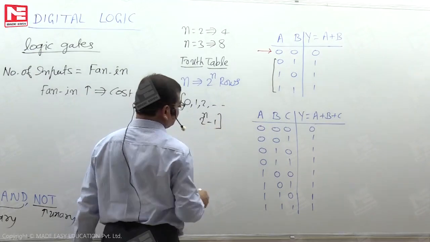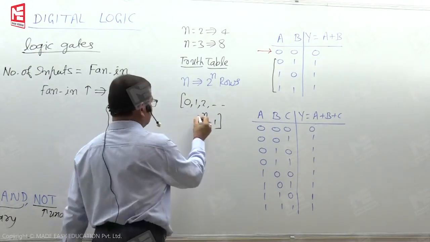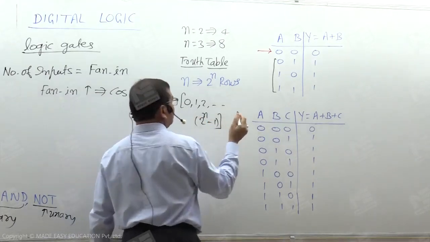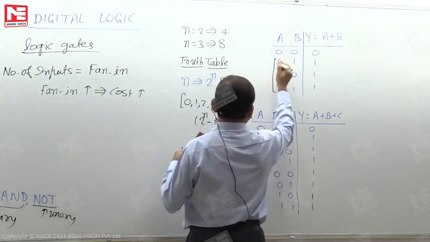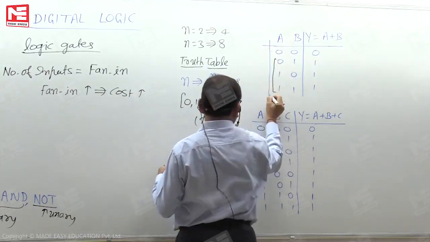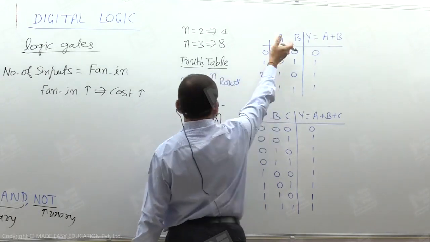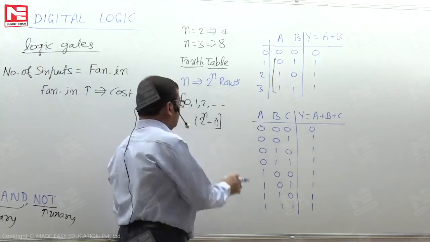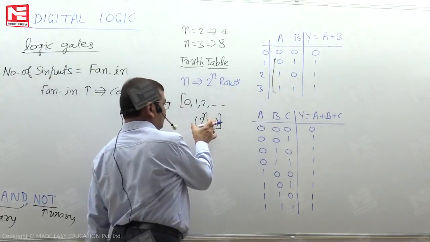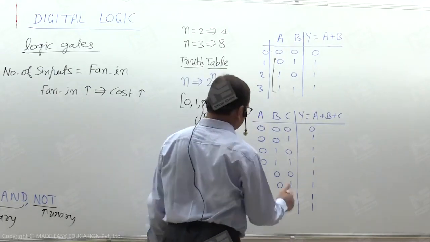Generally, we prefer to list these binary combinations in this decimal increasing order. You can see that even here we followed that order. For each binary combination, if you look at the equivalent decimal value, this is 0, this is 1, this is 2, this is 3. With two variables, 2 to the power of 2 is 4, 4 minus 1 is 3, so the last row combination has decimal equivalent value 3.